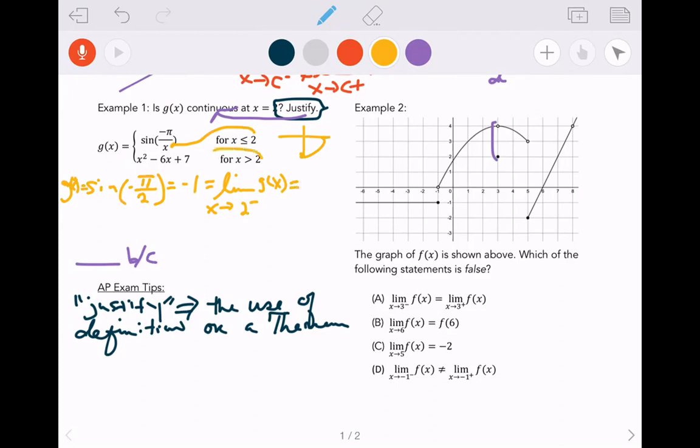But in order for me to decide the yes or the no of it, I need to actually plug 2 in. I get 4 minus 12 plus 7, -8 plus 7, which is -1. So sweet, it actually is equaling the limit as x is approaching 2 from the right of g of x.